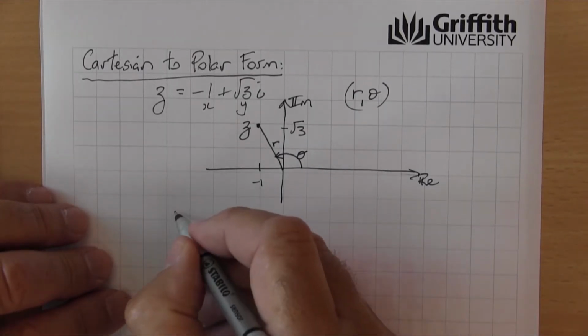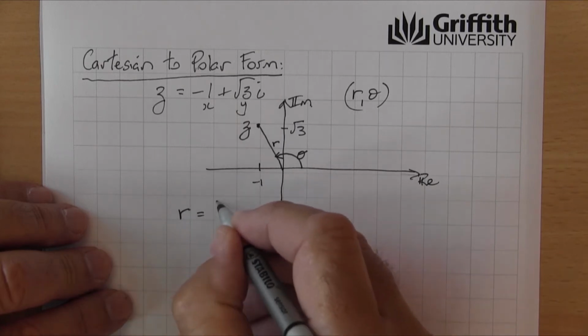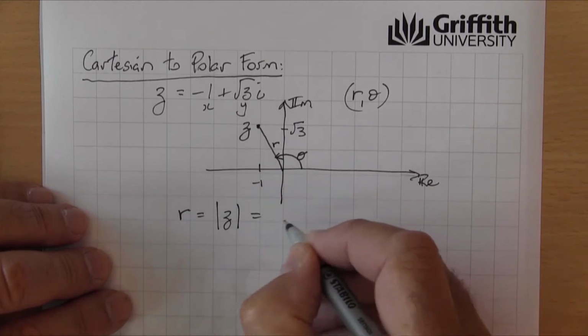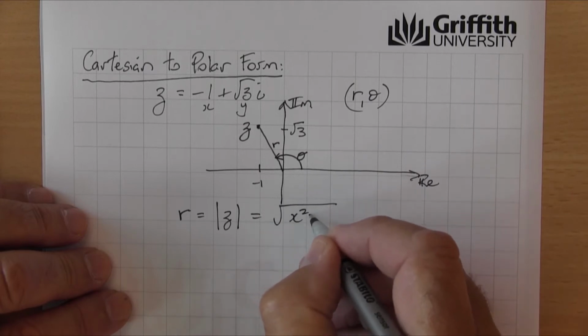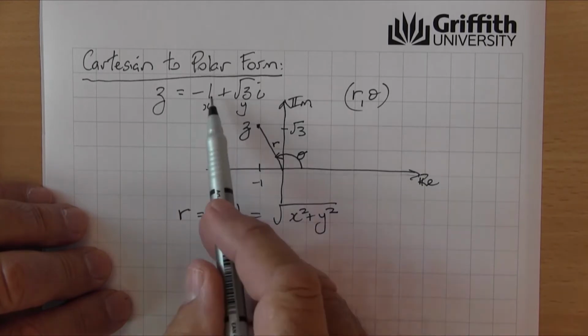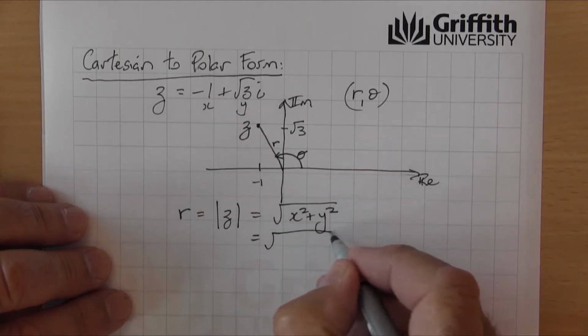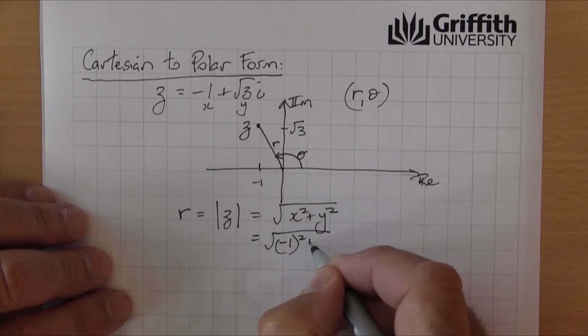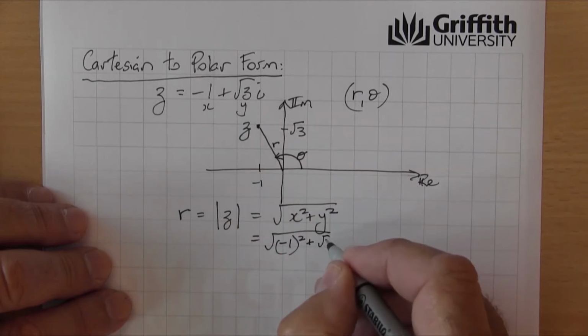So what we've done previously is we know that r is equal to the mod of z, and that's equal to the square root of x squared plus y squared. Now in this instance, my x is -1 and my y is root 3.